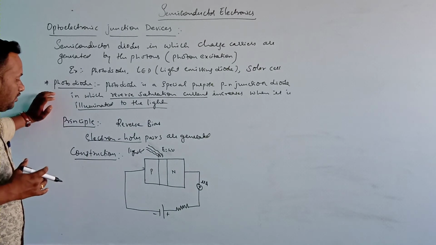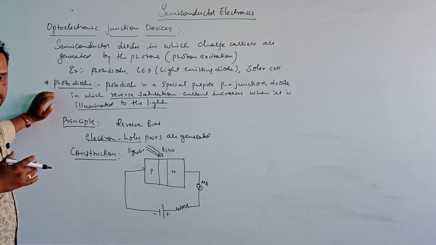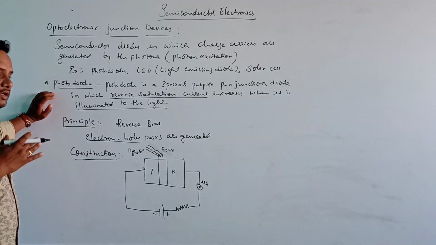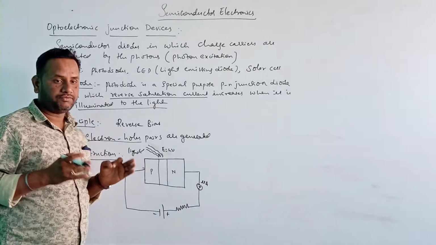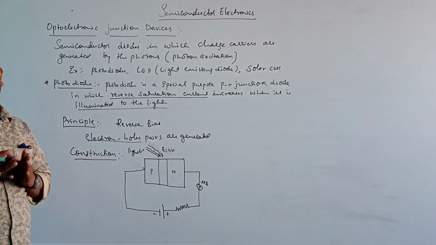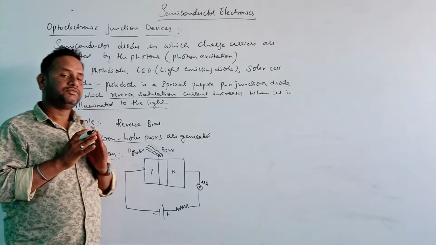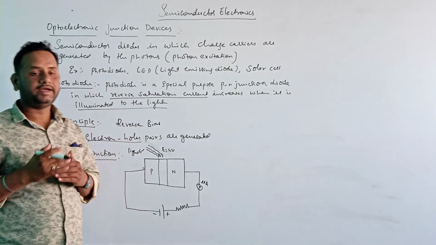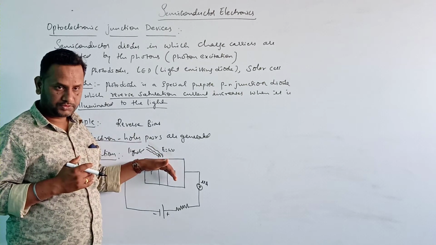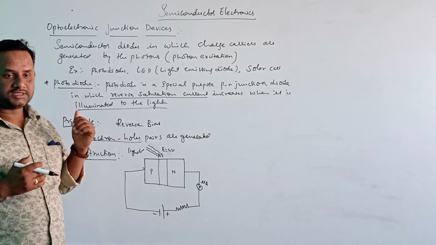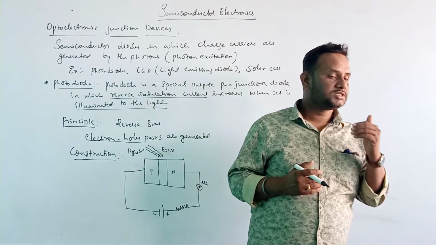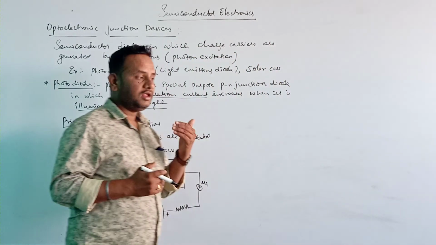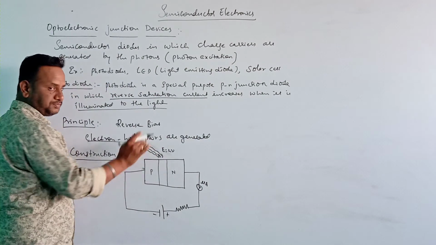This PN junction diode is made with a transparent window, which is used to allow the light to fall on it.